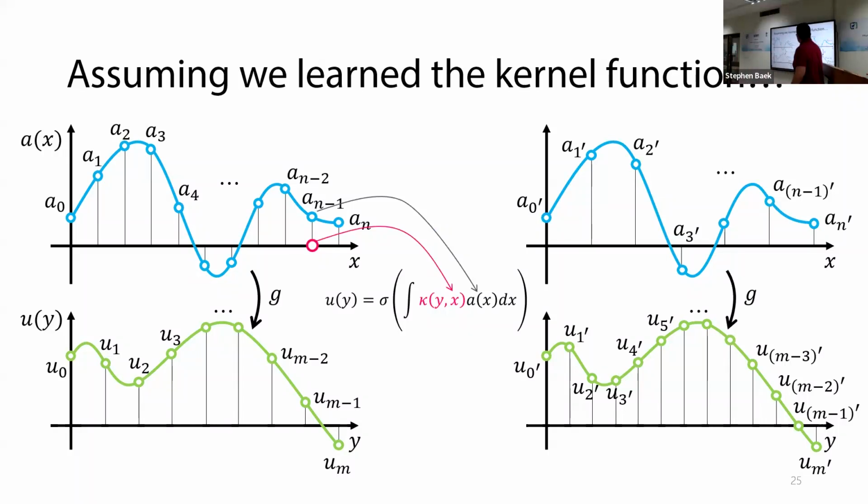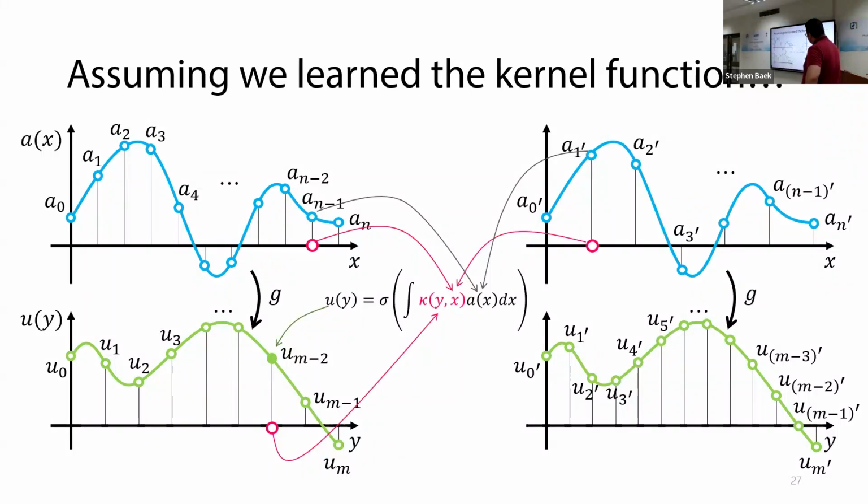So here's a demonstration of how this kernel function and the integral works. You take an arbitrary input at location x. That value of x goes into the function a, as well as the kernel function kappa. And then let's say you want to evaluate the value of u at some arbitrary position y.